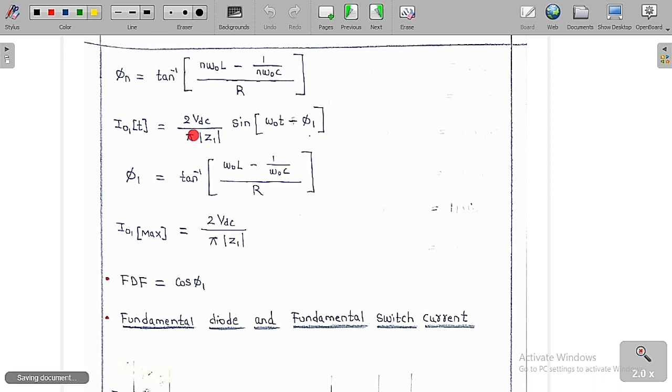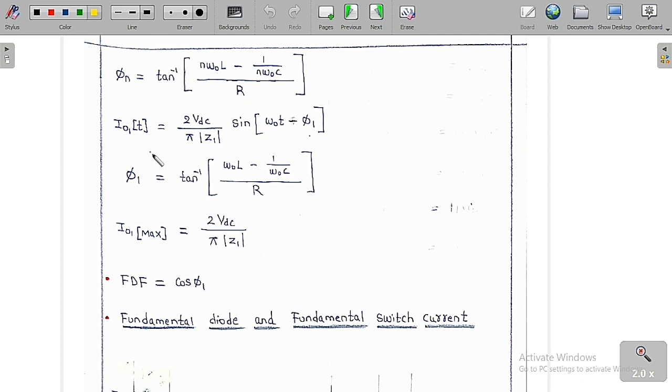Now if you want to find the fundamental component of the output current, substitute n equal to 1 in the general expression. We finally get 2 VDC by pi magnitude of Z1, sin of (omega naught t minus phi 1).